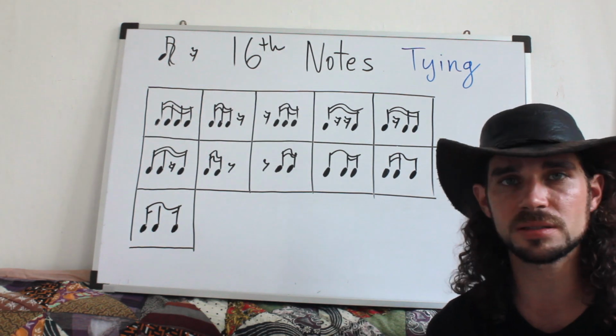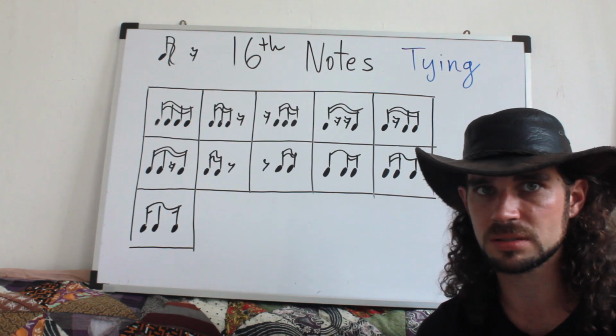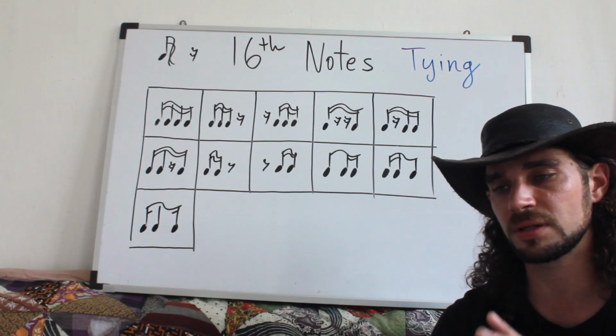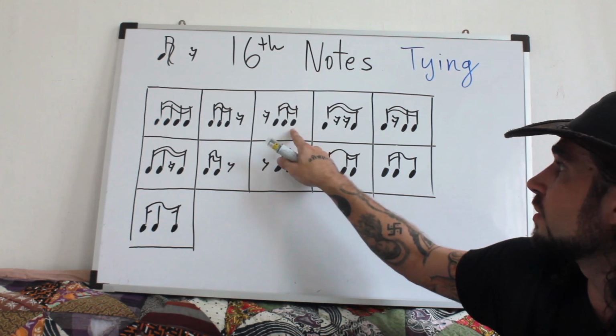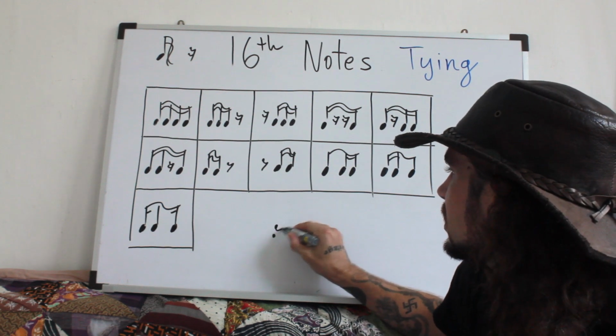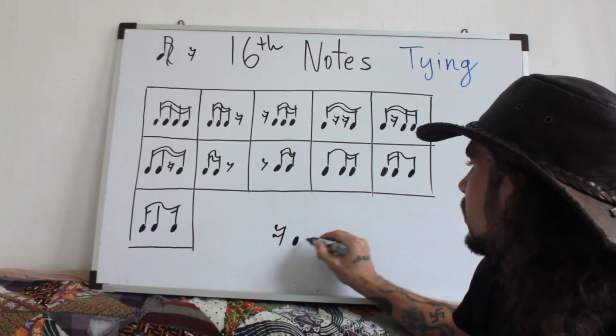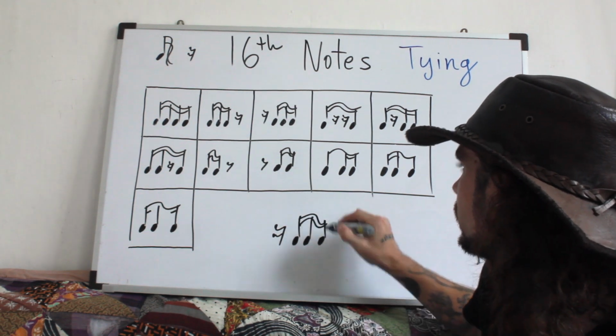You can't tie a 16th note to an eighth note or something like this. That is way too confusing. We have cliches made for that situation. So this one and this one we could tie together. So let's see what that sounds like. 16th rest, 3 16ths.